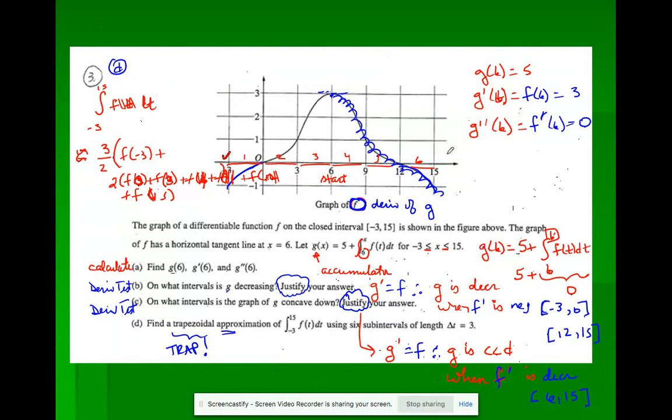Okay, right, the trapezoidal rule uses the left endpoint once, the right endpoint once, and then all the middle values twice. When I was done with all of that, I got 12. Okay.